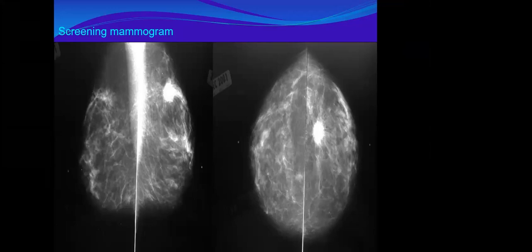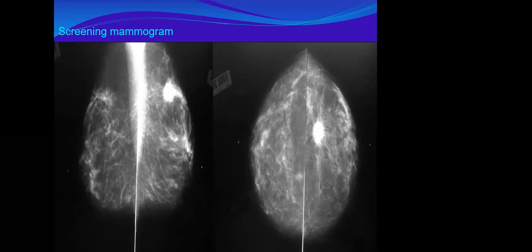MLO and CC views showed a hyperdense speculated mass in the upper outer posterior left breast. Excellent.